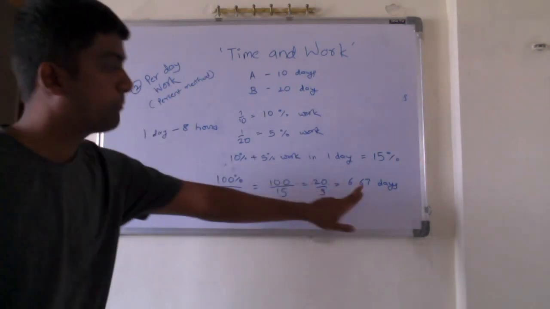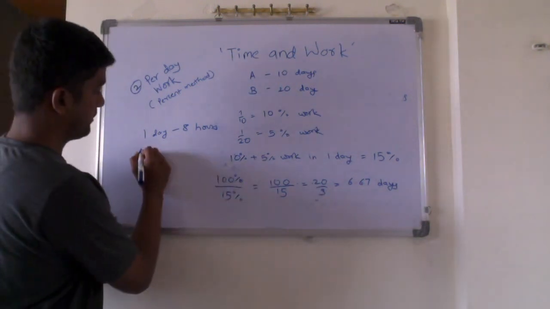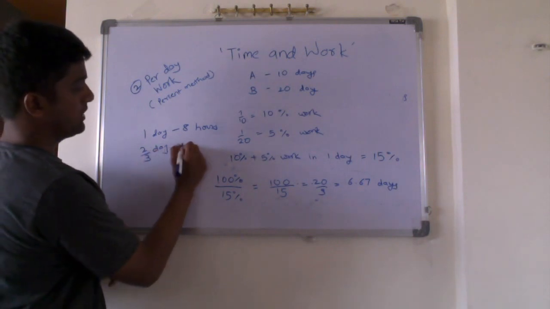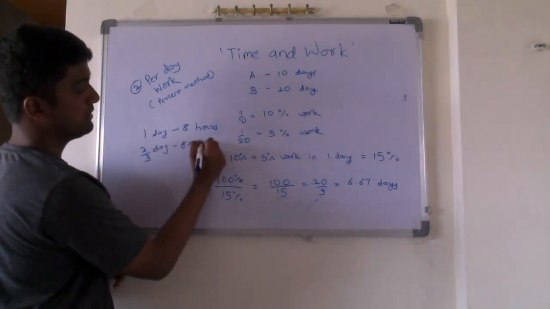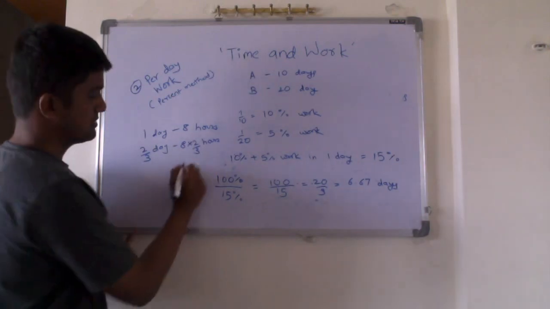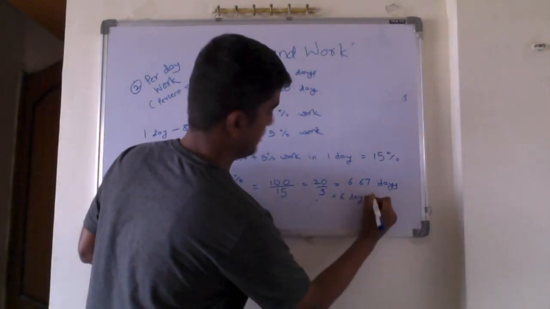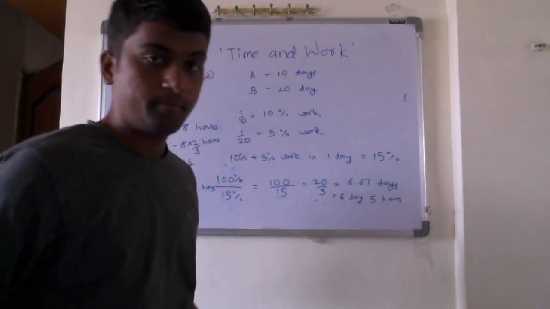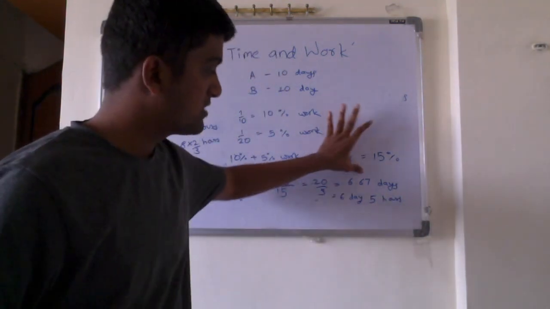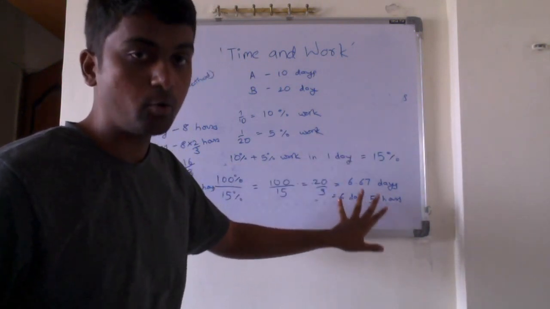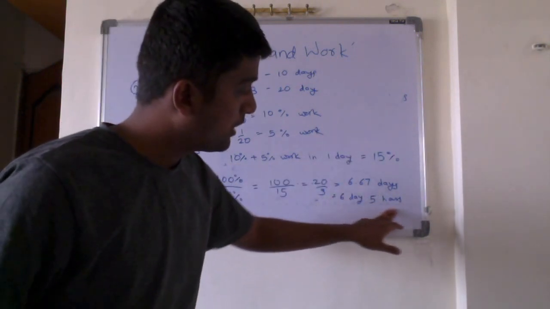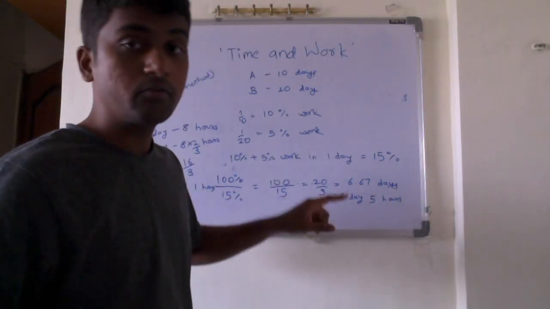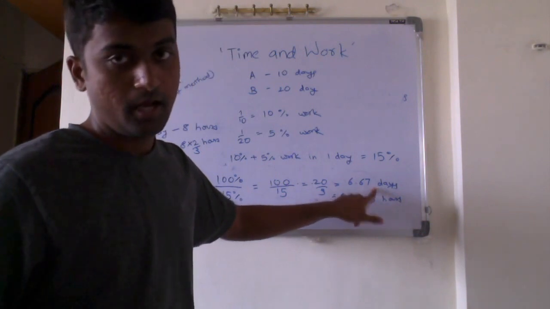Now how much would be 0.67 days here? 0.67 is 2 by 3. 2 by 3 day would be equal to 8 into 2 by 3 hours, which is 16 by 3, almost 5 hours. So this is how you convert the decimal into hours, if and only if this option is present in the question. Otherwise, the work would be completed in 7 days and not 6.